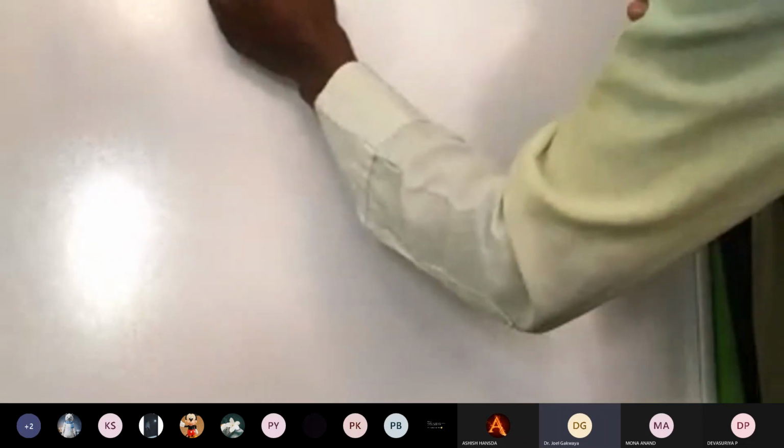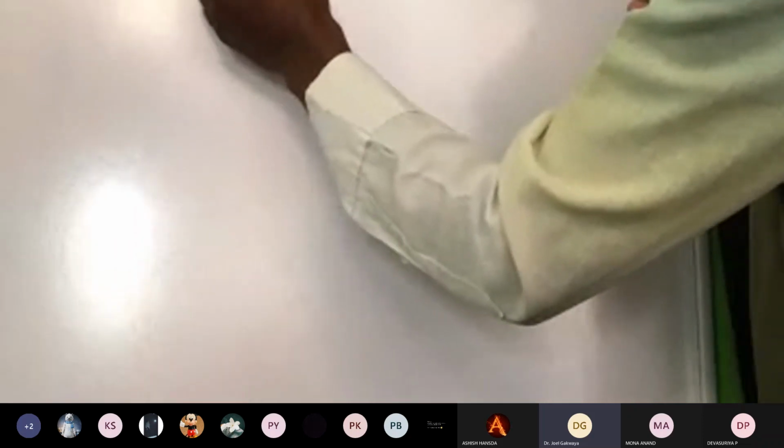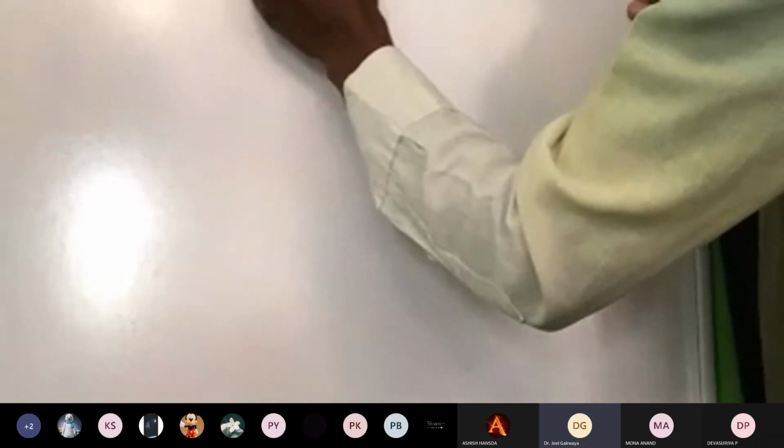Here we have minimize Z. In Z we have x1 plus x2, let it be like that, no problem. And here let me put 3x1 plus 3x2. And here we have x1 plus x2 is less than or equal to 3x1 plus is less than 4.